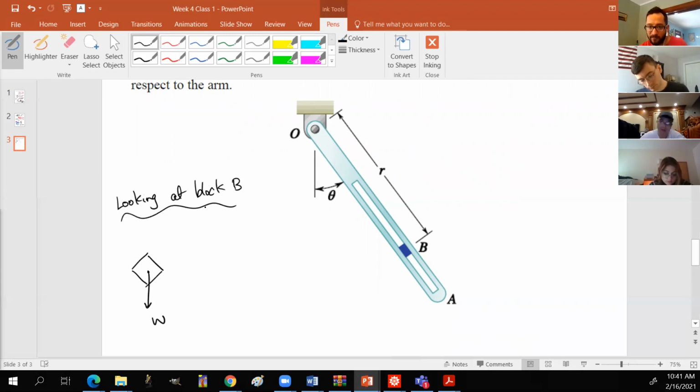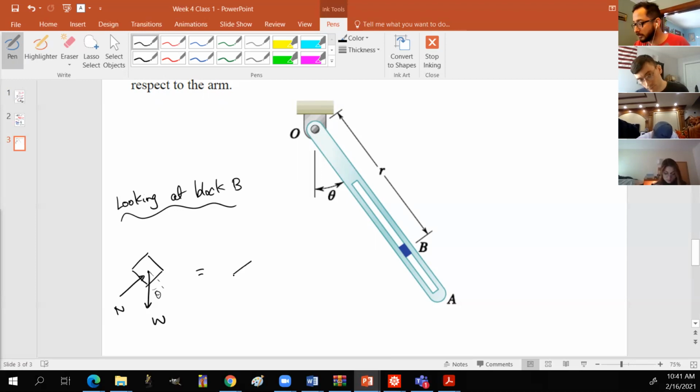And you'll have the normal force, which is exerted on the block due to this arm OA. So let's say that is the normal force like that. And you're told that this angle is equal to theta over here.